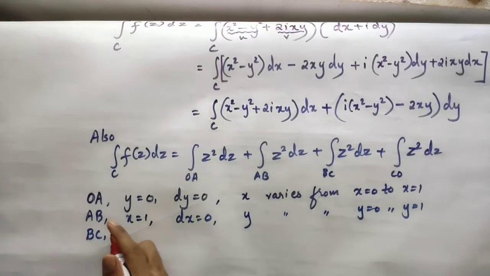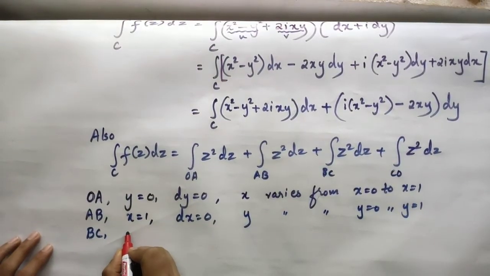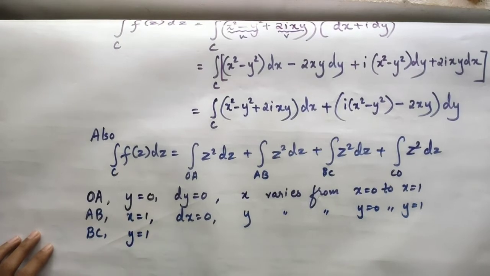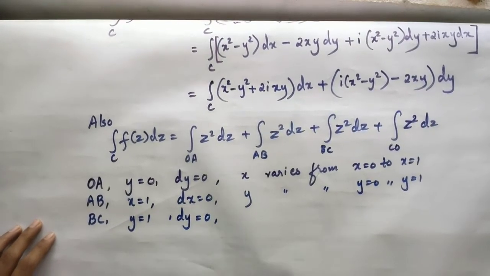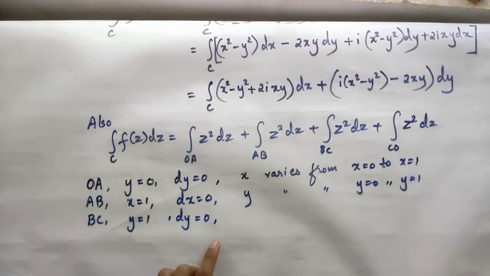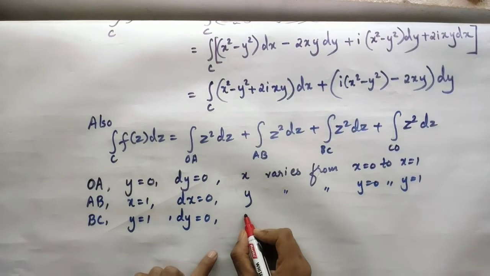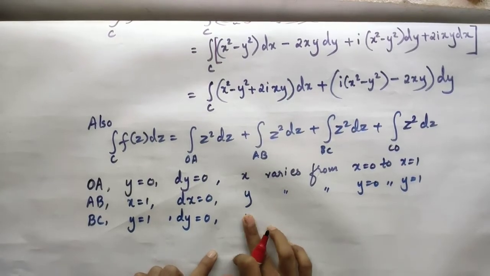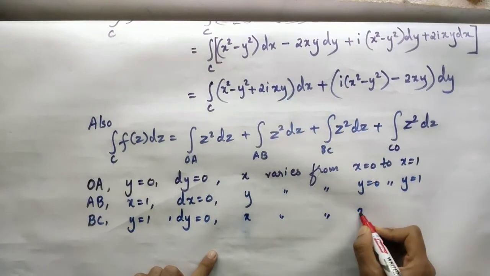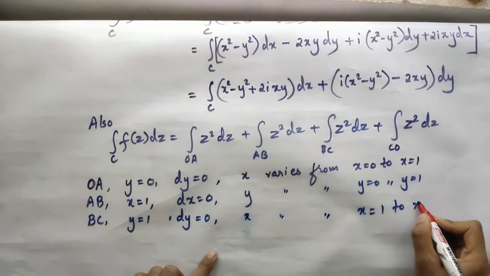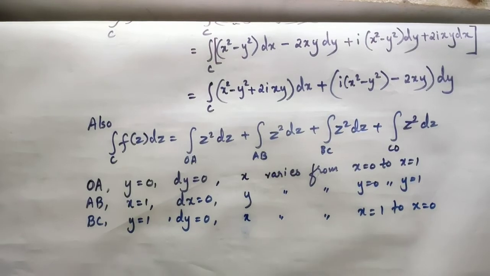So y is fixed, it is 1. Therefore dy is once again 0, because there is no variation in y. Then x is varying. x varies from x is equal to 1 to 0 this time. Please make a note.